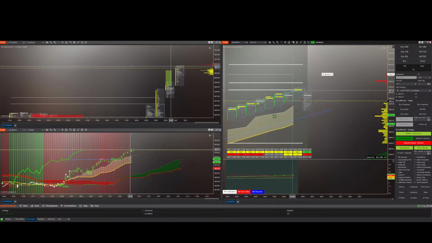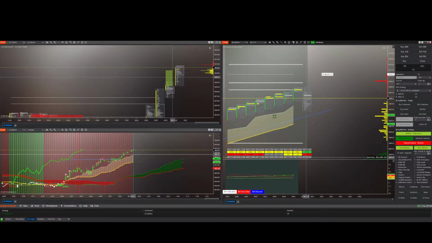I really like our delta divergence and our unfinished auction signals. Look at the amount of volume we're getting right here. This is just a battleground zone here.